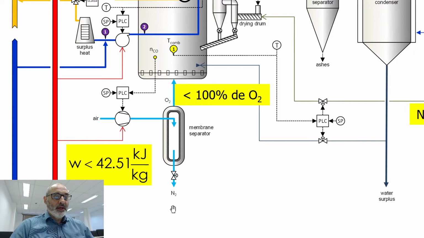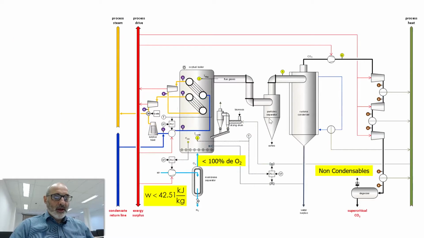This is how this operating envelope can work. And if you allow for some amount of nitrogen, as I already explained, you can reject that through this non-condensables exit here.